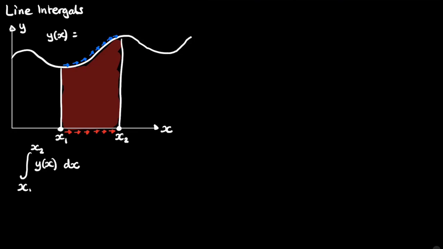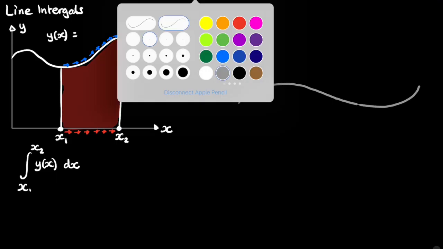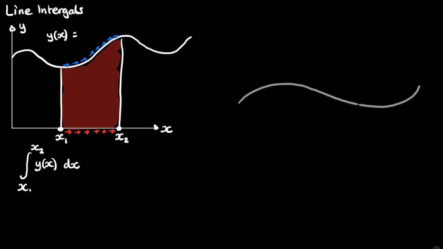So what I'm going to do is consider that we have a wire. This is some kind of metal wire right here. Now, this metal wire, for some reason, has an unusual property in that it doesn't have a constant mass density. Now I'm going to define this thing called mass density m as being the mass per unit length. So it's going to have units kilograms per meter.